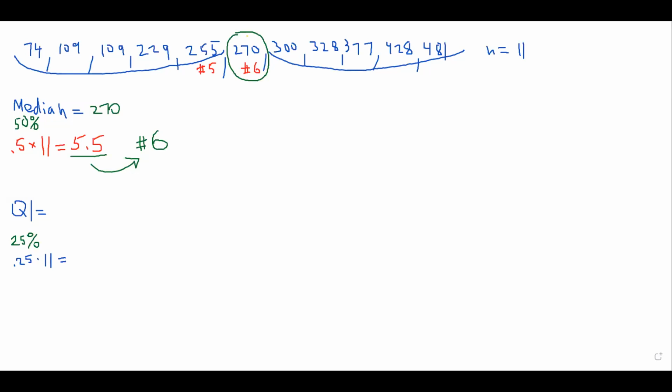you're going to get something like 2.75. So when you get 2.75 here, again, this is going to be another decimal, right? And looks like we already have an idea what is done from the previous example.